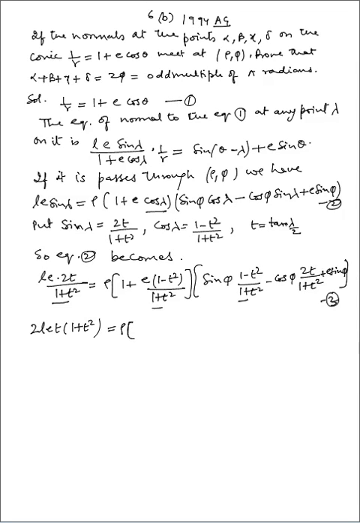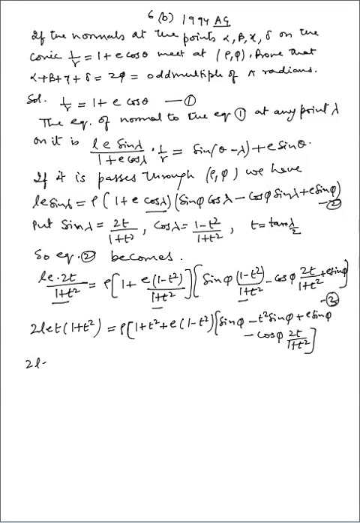Then we take the LCM 1 plus t square here. So this becomes 1 plus t square plus e into 1 minus t square, sin phi, so this becomes sin phi minus t square sin phi plus e sin phi minus cos phi times 2t upon 1 plus t square.